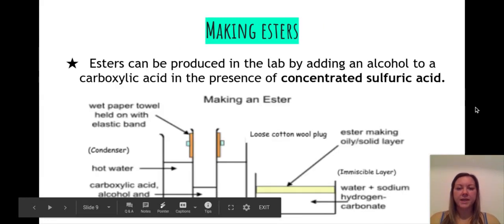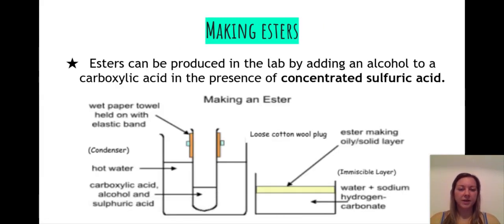So, making esters then. When you are back in class, you will carry out this procedure in the lab. This diagram looks very complicated, but it's not. The procedure is pretty straightforward. So esters can be produced in the lab by adding an alcohol to a carboxylic acid in the presence of concentrated sulfuric acid.